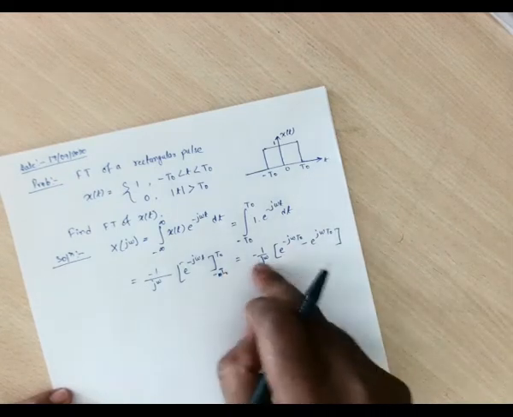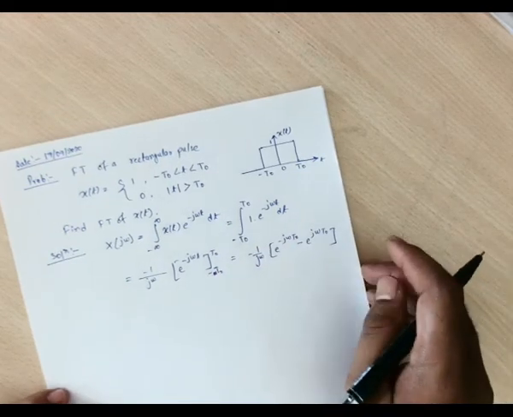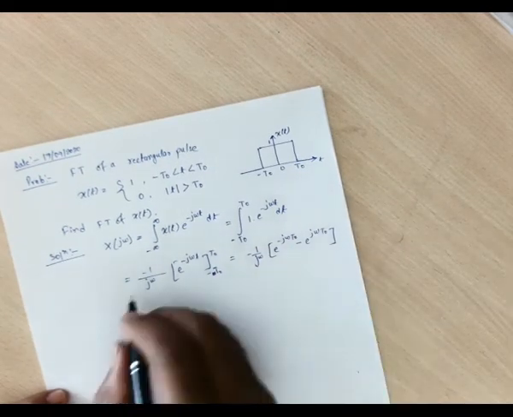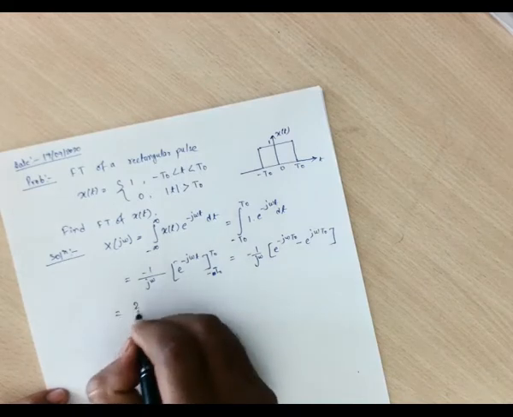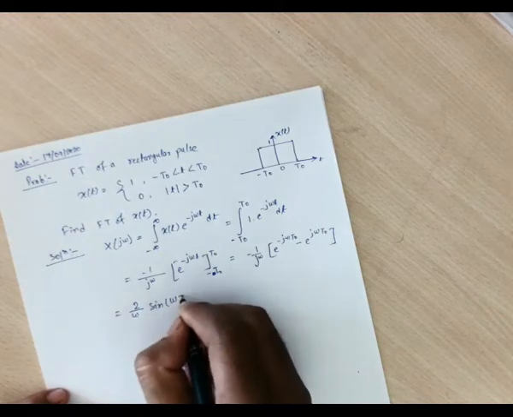So 2j will be taken in the denominator and the minus will change, and that will become sine omega t naught. So it is 2 by omega sine of omega t naught.